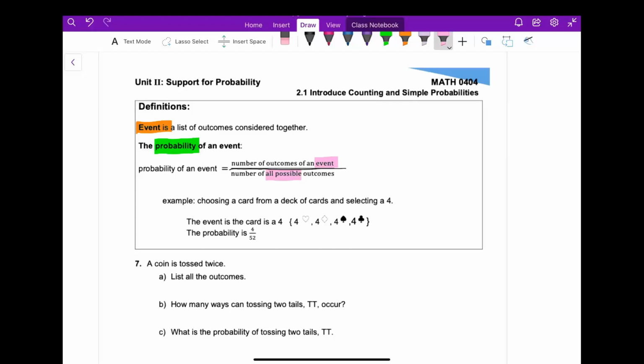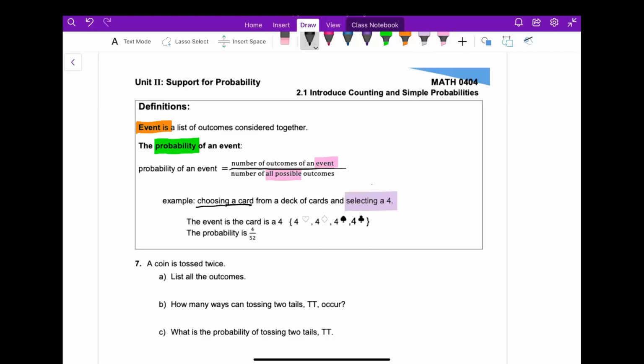So here's an example. Choosing a card from a deck of cards and selecting a 4. Right, so first of all, you've got to think about what's the experiment. We're choosing a card. That's what we're doing. And then here comes the event. It says selecting a 4. So this is the part that you're learning in this section. You're learning about events.